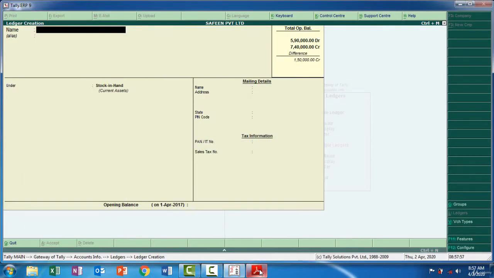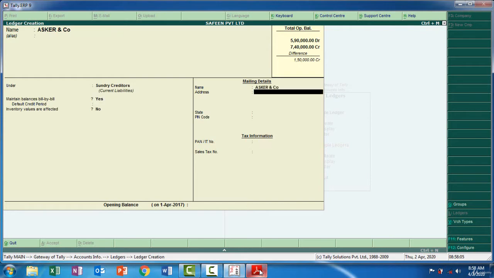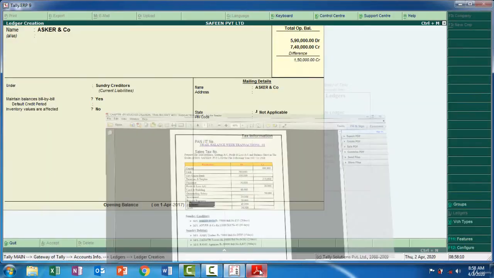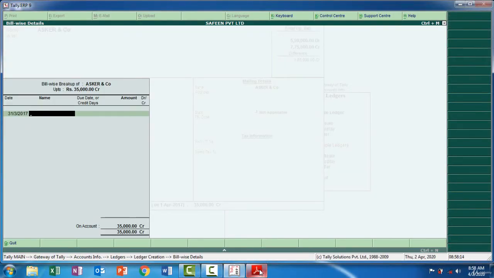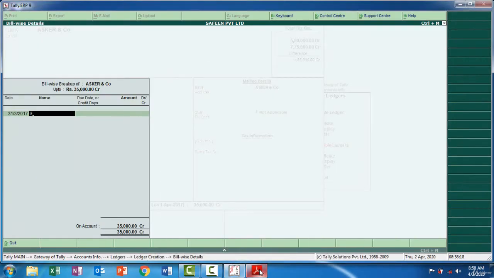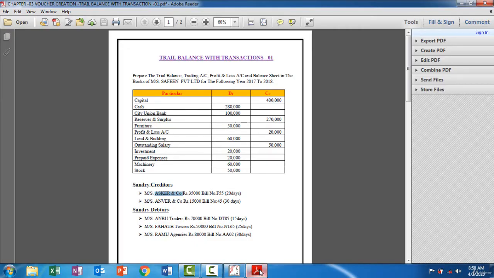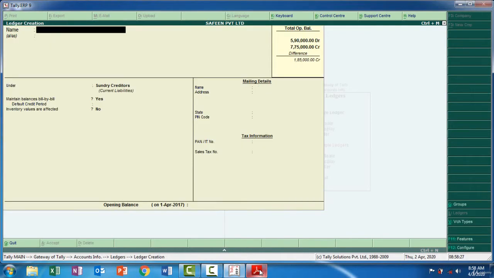So I'm going to enter Asker Co Company as the Sundry creditor, and the amount is 35,000 credit. The bill number is F55. Due date 20 days.